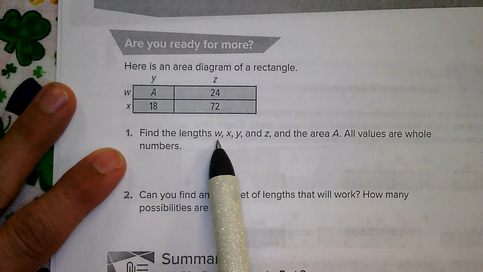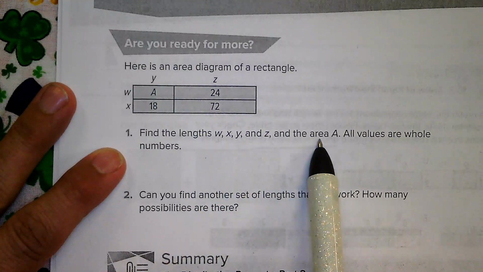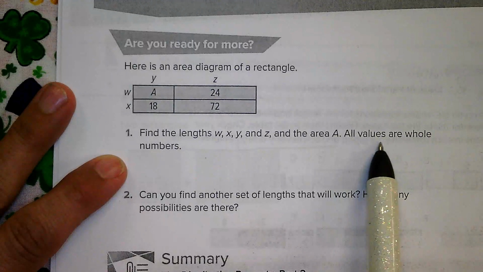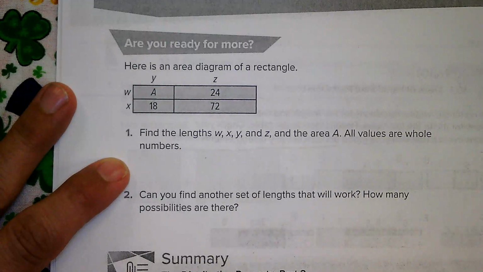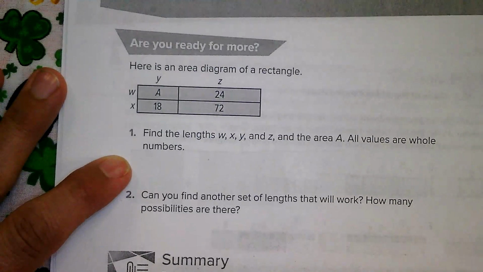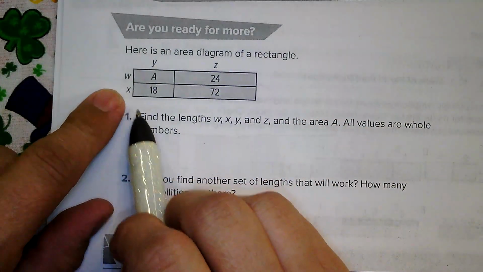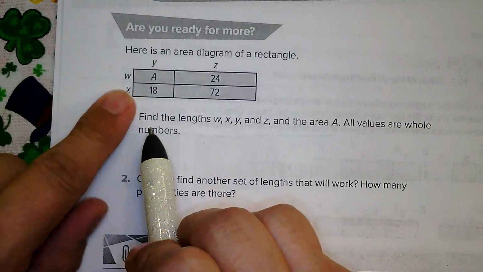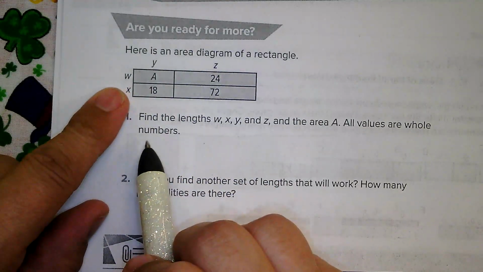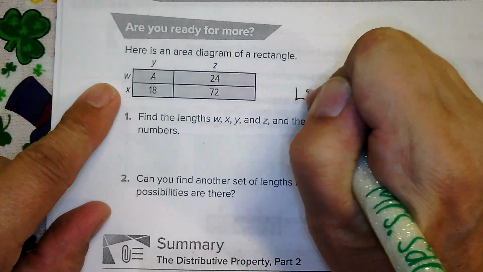Find lengths W, X, Y, and Z and the area A. All values are whole numbers. All right, so we have length times width for our areas.